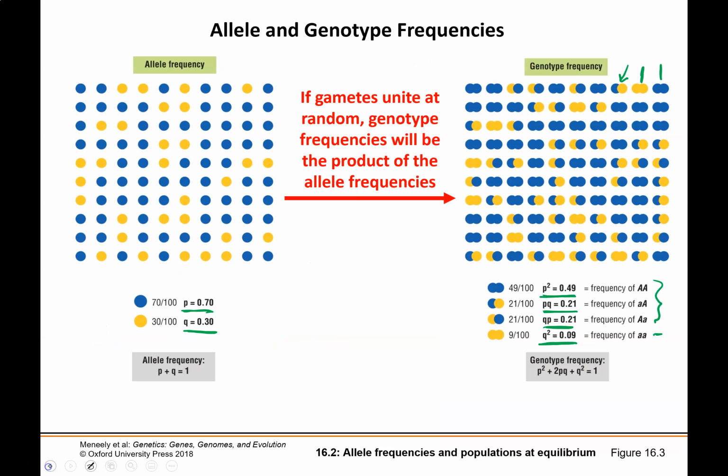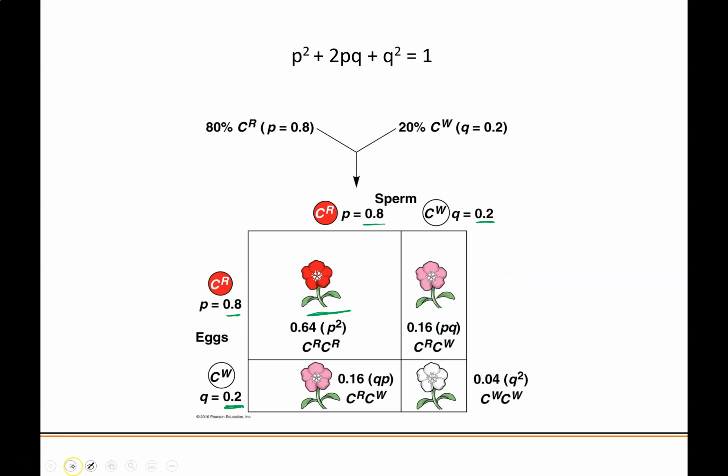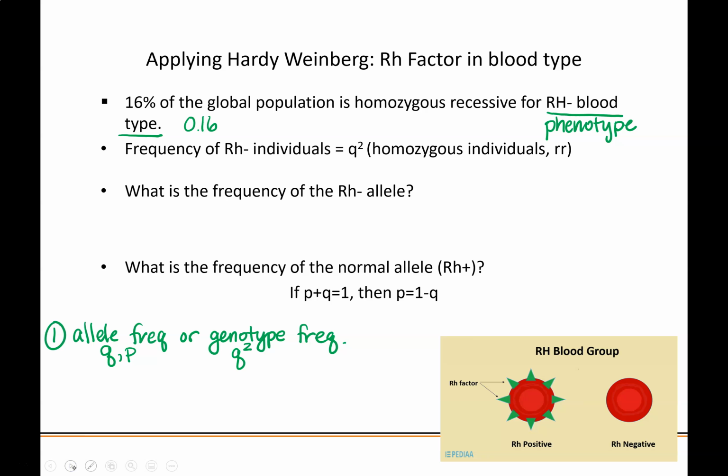So if we go back to our Hardy Weinberg equation, when we are given the homozygous recessive phenotype, we are given the q squared part of our equation. So we are given a frequency of Rh negative individuals.